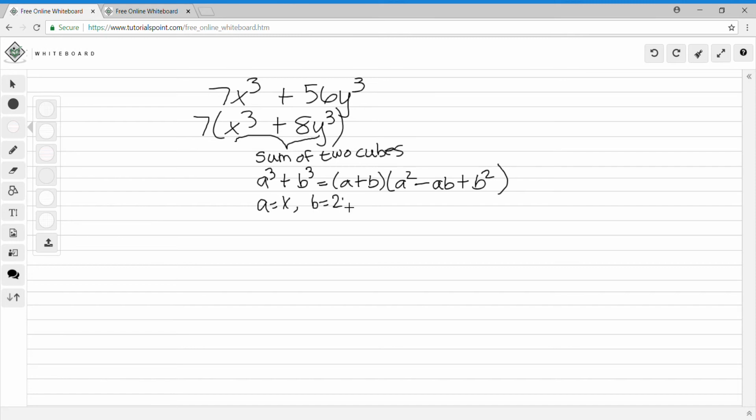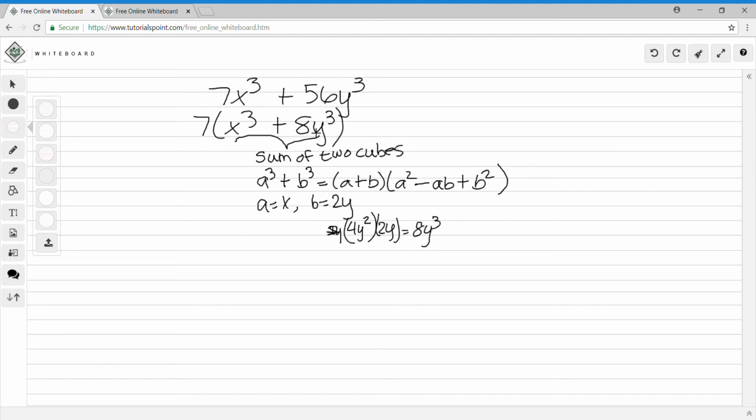Why do I say it? Because over here it says b squared. So what is b squared? That would be 4y squared, and then you have to times it by an extra b, so that would equal 8y cubed.